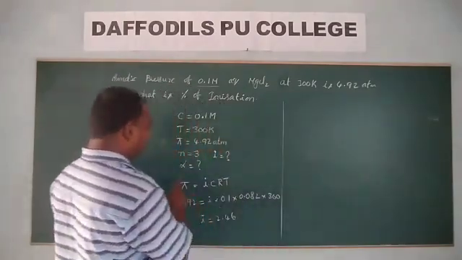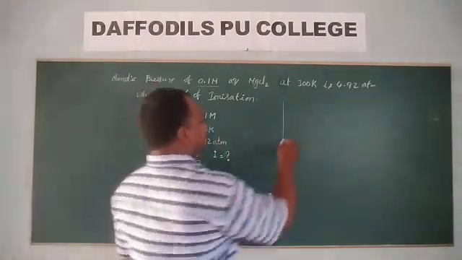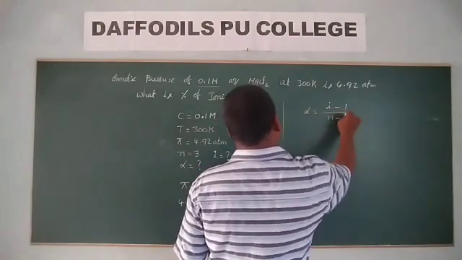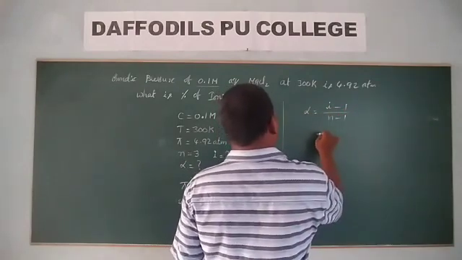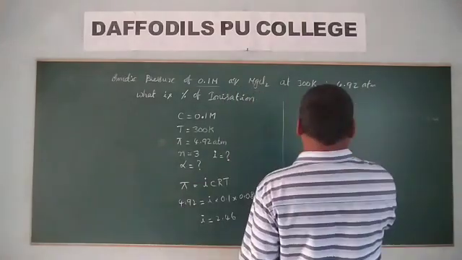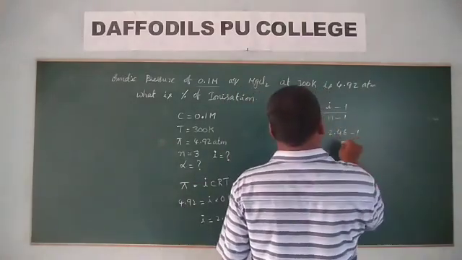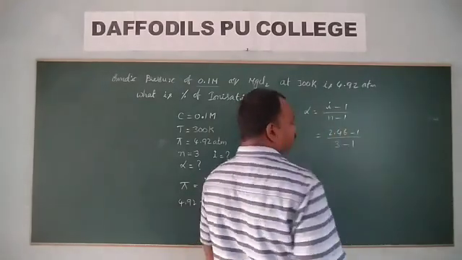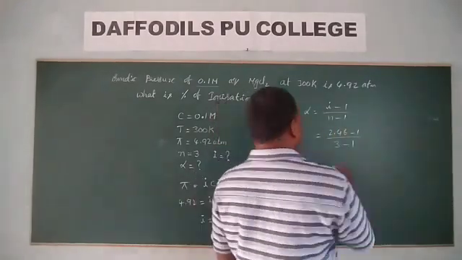From here you have to calculate the alpha. Alpha is equal to i minus 1 by n minus 1. So the i value is 2.46 minus 1, by n value, the number of particles after dissociation, 3 minus 1.